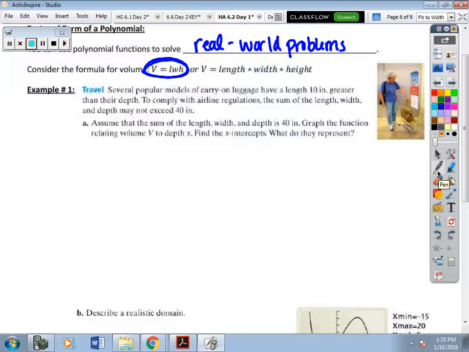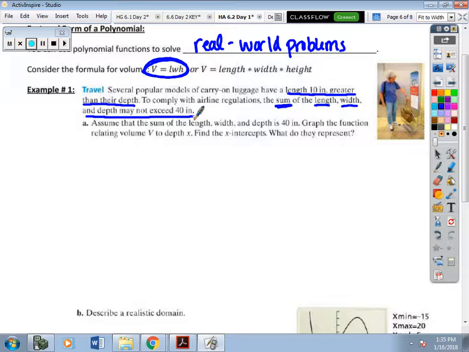Several popular models of carry-on luggage have a length 10 inches greater than their depth. So the length is 10 inches greater than their depth. To comply with airline regulations, the sum, that's a key word, of the length, width, and depth may not exceed 40 inches.